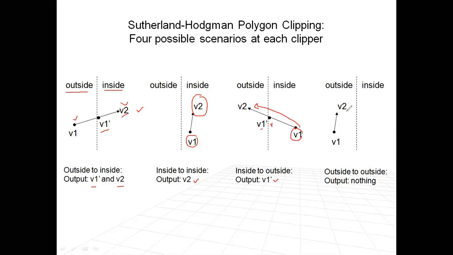When we have vertices v1 and v2 and both are outside, nothing is saved. So these are the basic rules that we have to apply to clip a polygon. Let's apply these rules to clip a polygon on a certain problem.